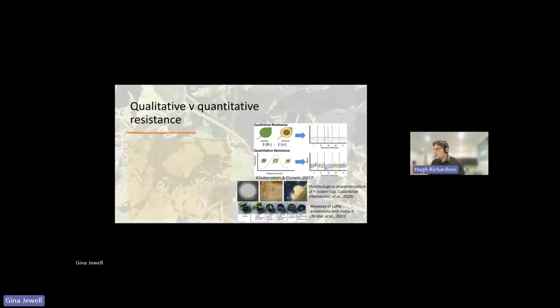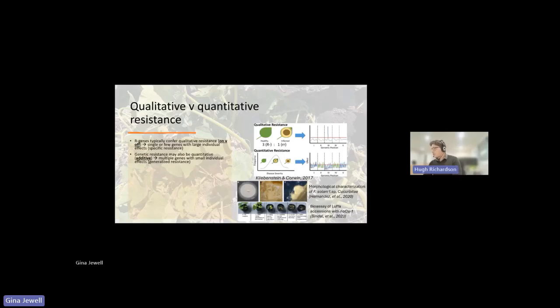We've also got qualitative and quantitative resistance when we're talking plant breeding. Qualitative is R genes. It's major resistance, your ability to have a very strong response to a specific race of pathogen. But we also have additive resistance, which is quantitative.